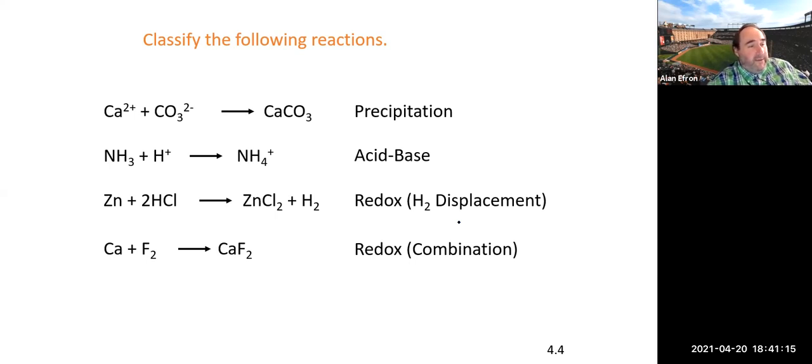So a lot of times the redox aspect of it is usually classified as a synthesis, a combination, a combustion, or a single replacement reaction. Well, I will say a lot of times, the double displacement reactions are classified as double displacement reactions rather than, say, a precipitation reaction or an acid-base reaction.